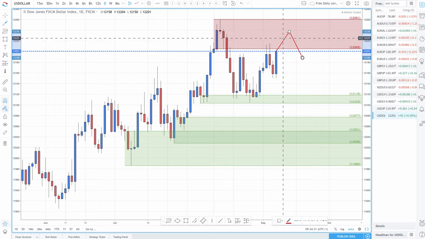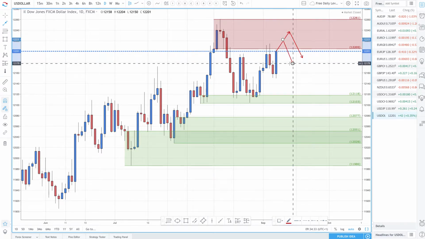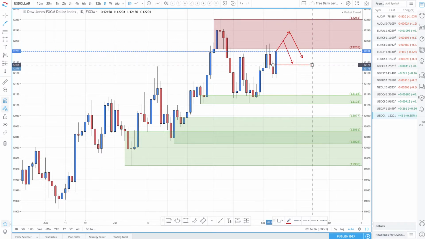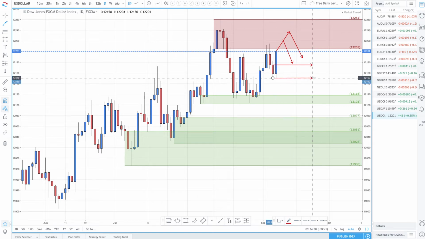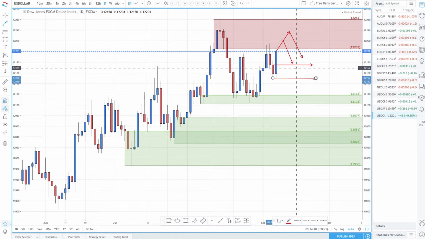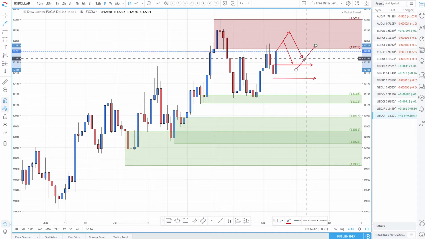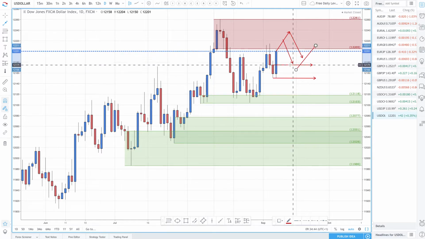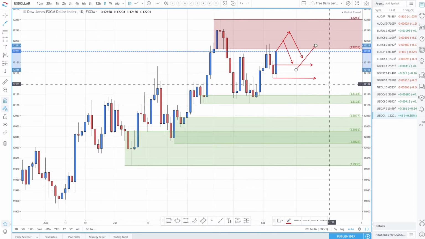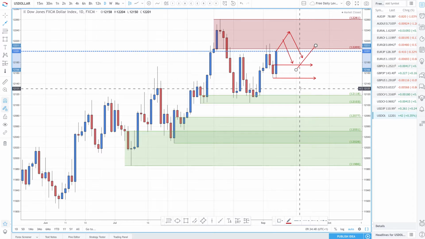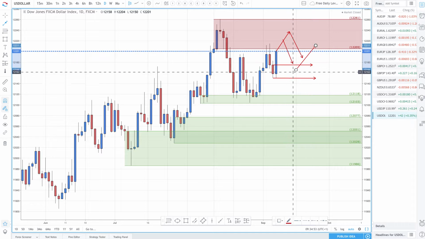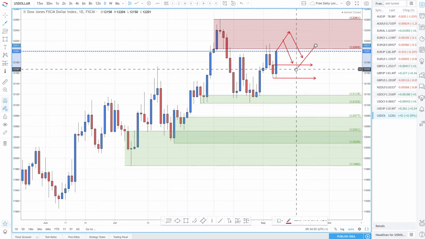So if this makes a higher high, you wait for a pullback, as this would have created a higher low, and then you'd be looking to buy around here. Obviously, again, just look at the dollar related currency pairs, and then look for buying opportunities if you're looking for a buying opportunity on the index.